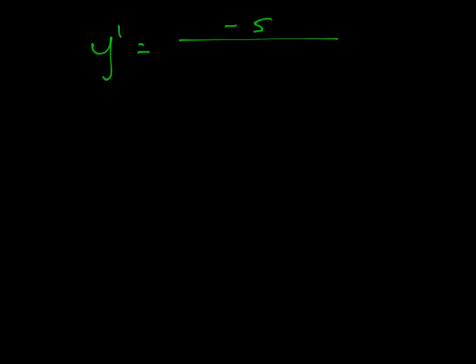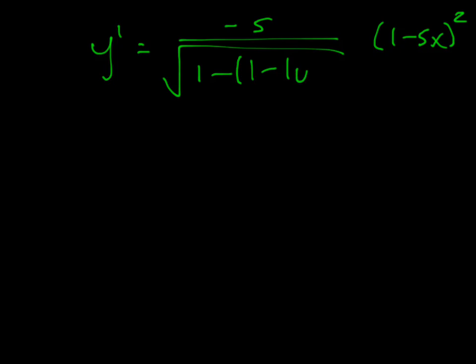-5 over square root 1 minus, and then I had 1 minus 5x squared. So that's going to be 1 minus 10x plus 25x squared, I do believe.